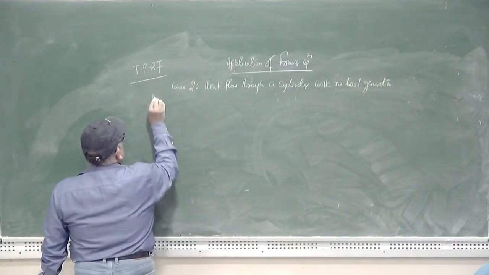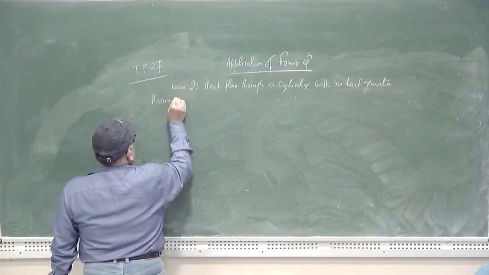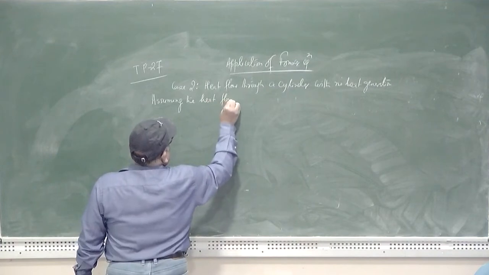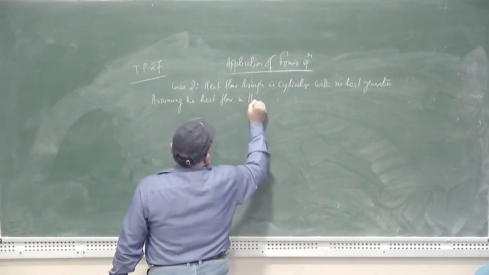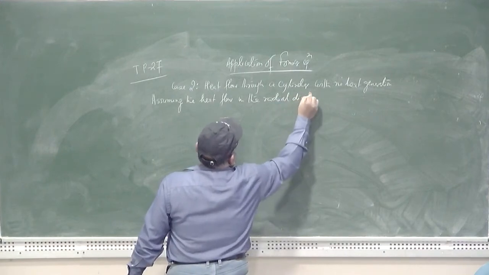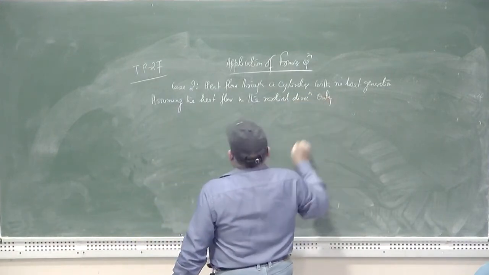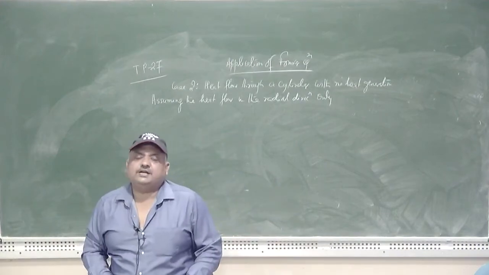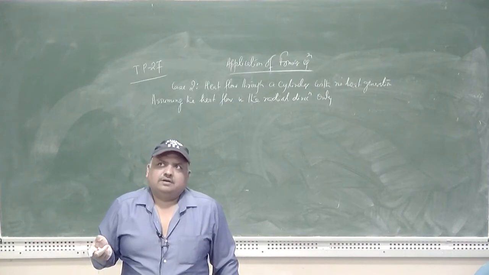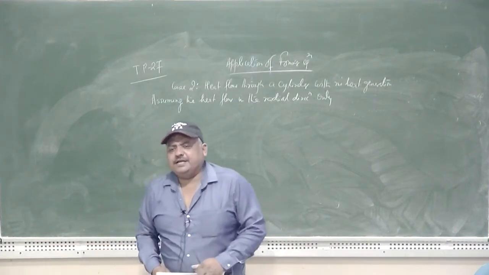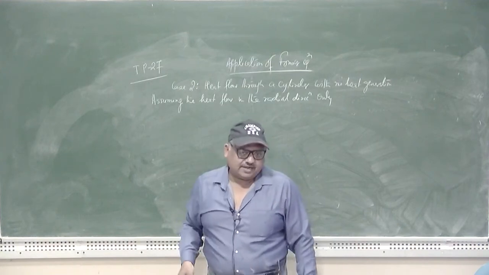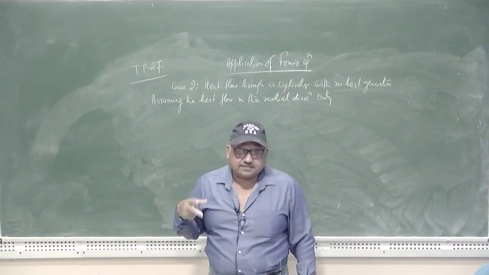Now here, we are assuming the heat flow in the radial direction only, that is, we are not considering the heat flow along the theta direction as well as the z direction. Rather, we are assuming that the heat flow is taking place along the radial direction only in the case of a cylinder whose internal radius is R1 and external radius is R2.